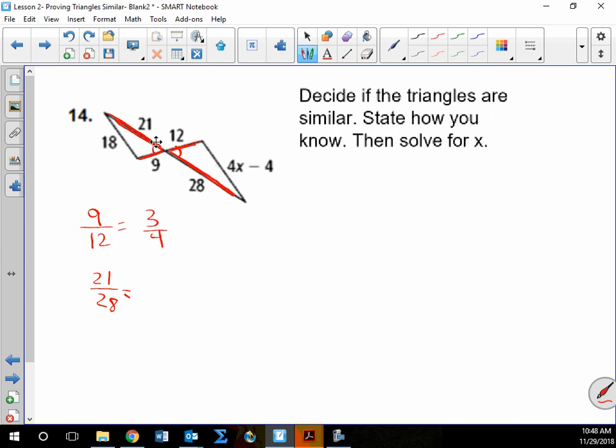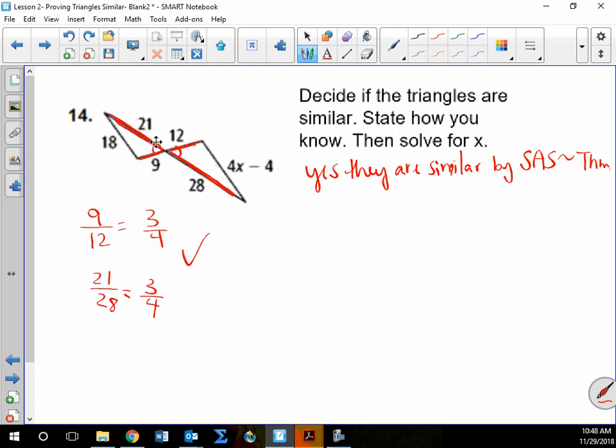And hopefully 21 to 28? 3/4. Awesome. Okay, so the triangles are similar. Yes, they are similar by side angle side similarity. Okay. And we said how we know.